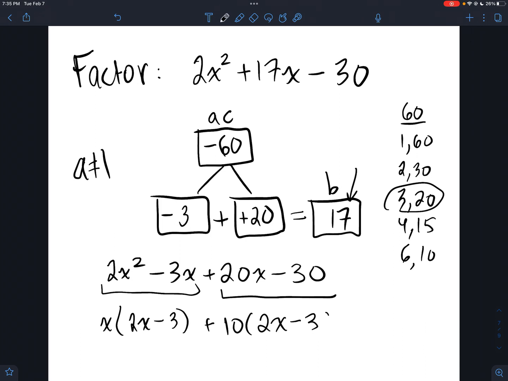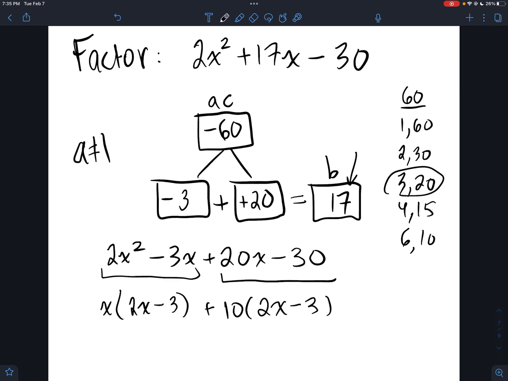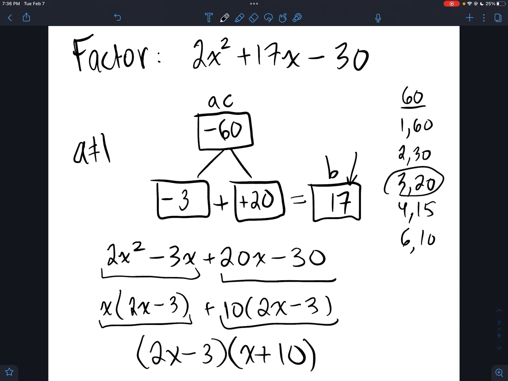And out of these two, they both have a 10. So you divide this by 10 and this by 10. And then the final step is to say that this chunk and this chunk, they both have 2x minus 3. So x plus 10 is what's left after you take this out.